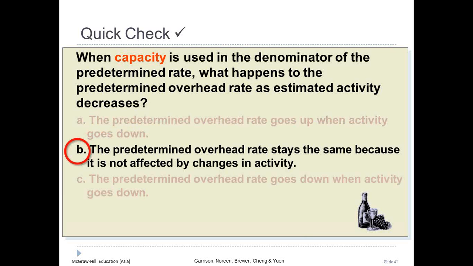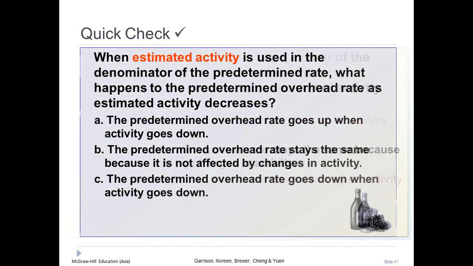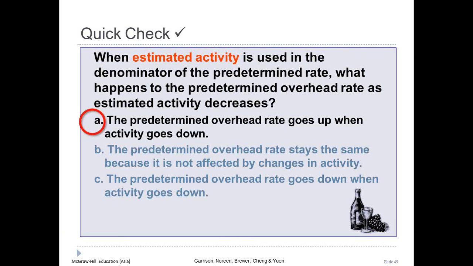Right? When estimated activity is used in the denominator, what happens to the predetermined rate as estimated activity decreases? Rate goes up when activity goes down.